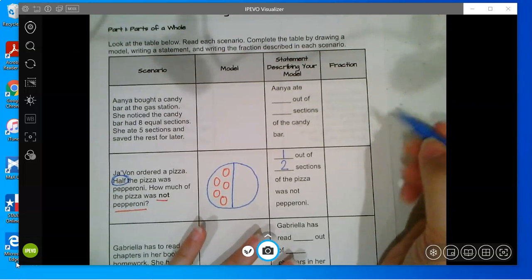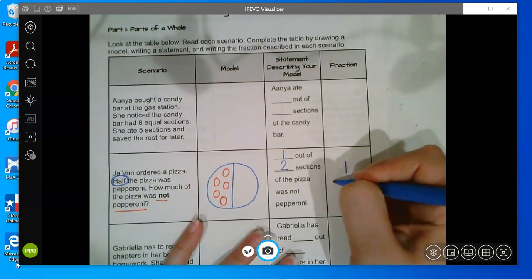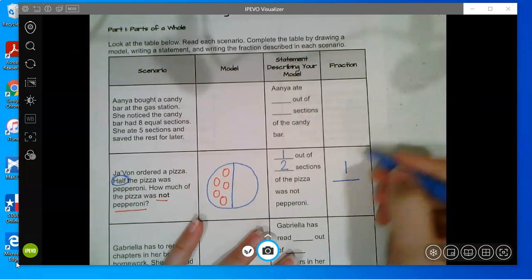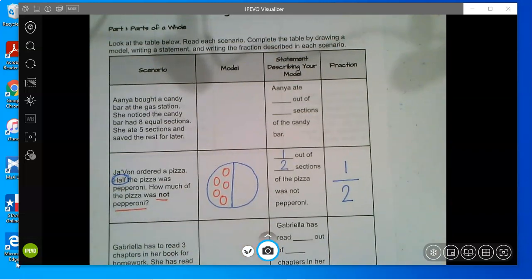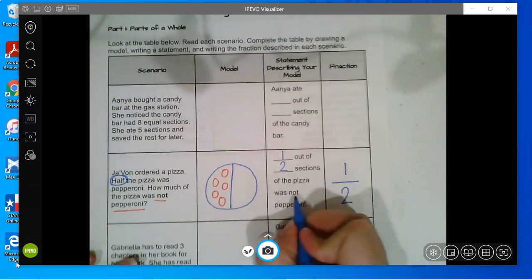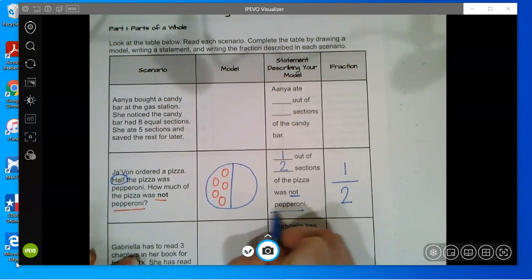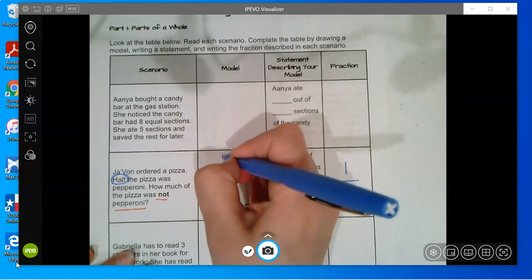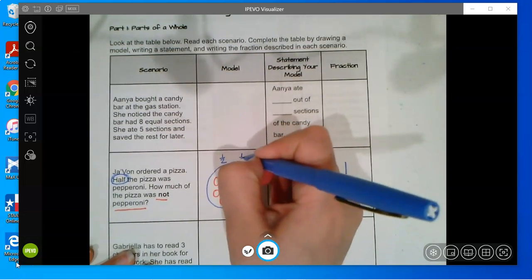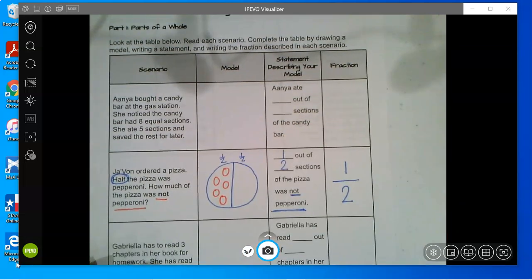So my fraction would be 1 fraction line 2. That's why I want to do this one with you, not pepperoni. So this half was pepperoni, this half was not pepperoni.